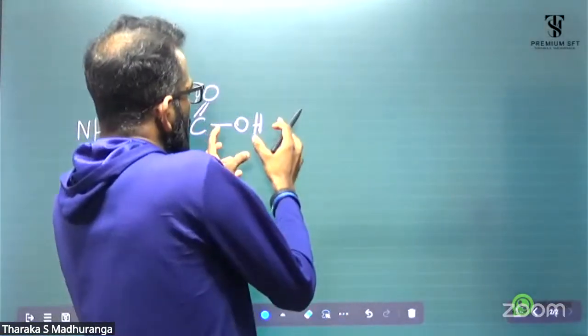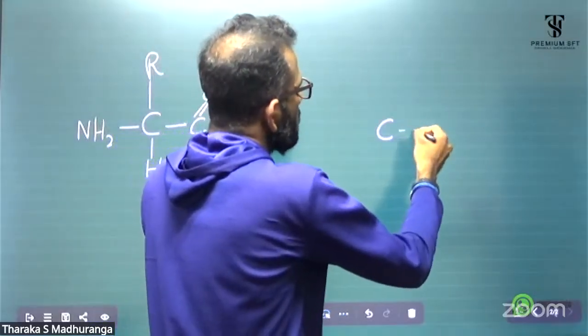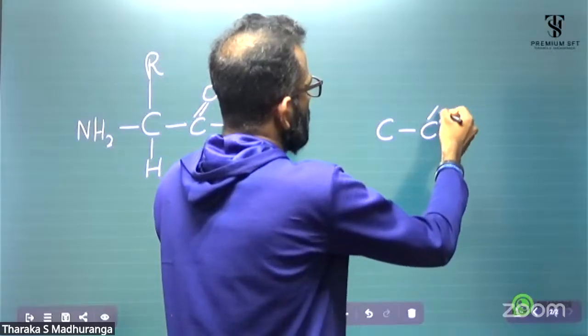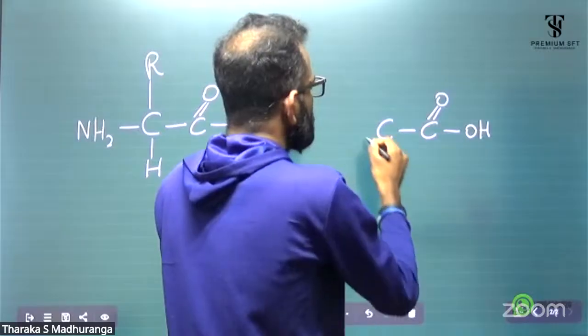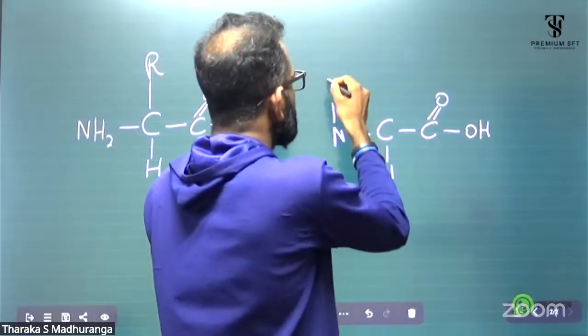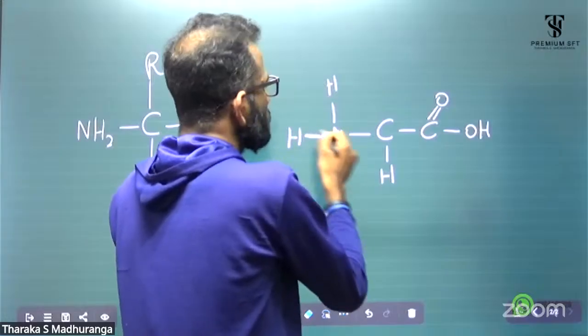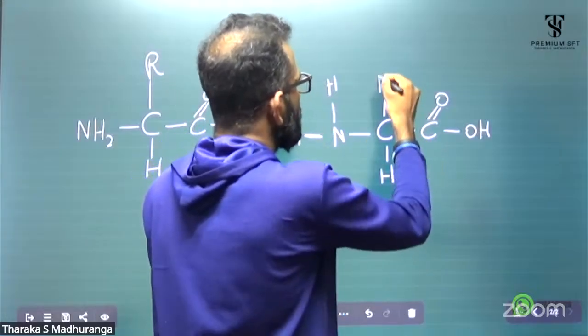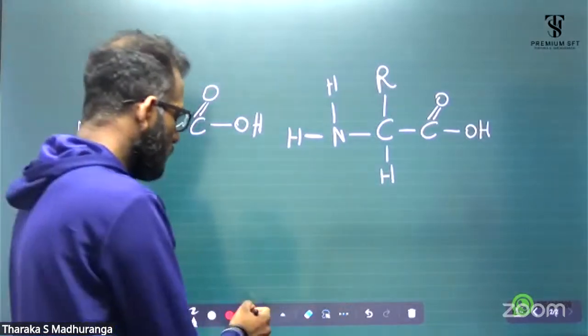This amino acid combines with another amino acid. This combining bond we call a peptide bond. This is our carbon chain. Now what happens?